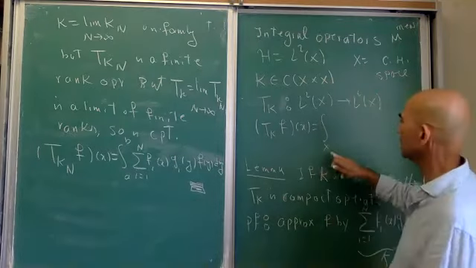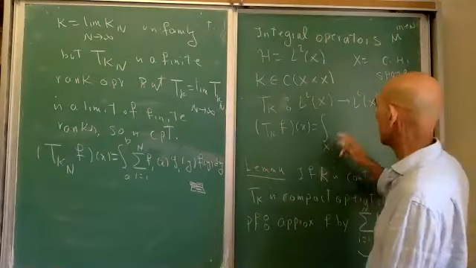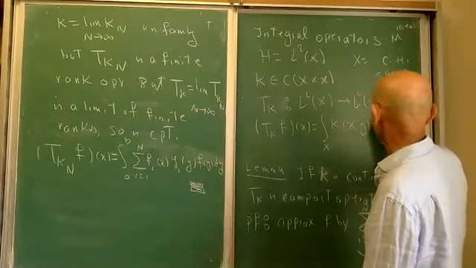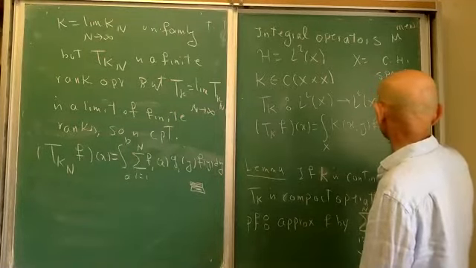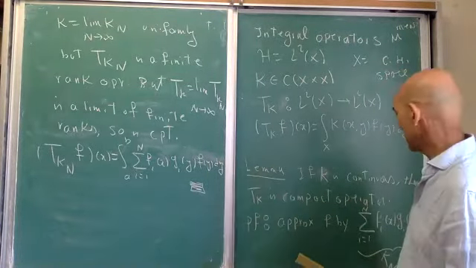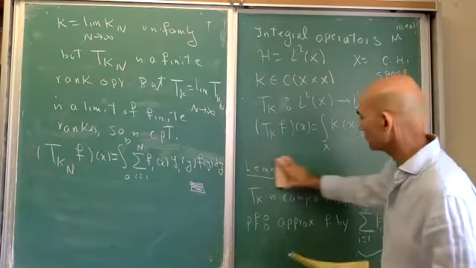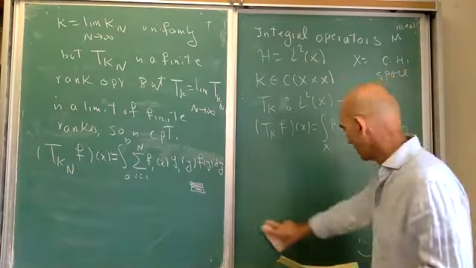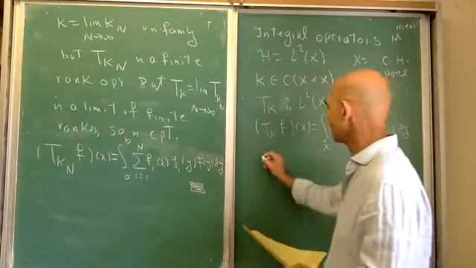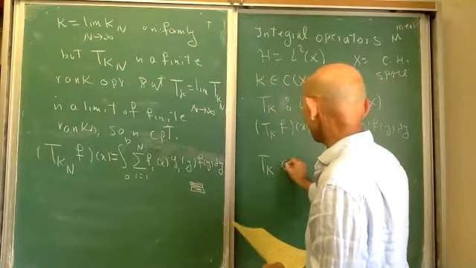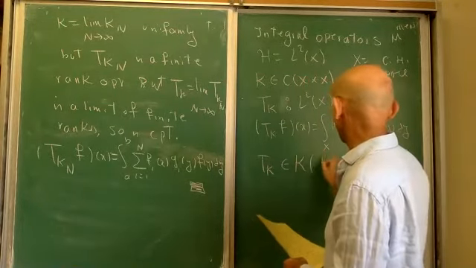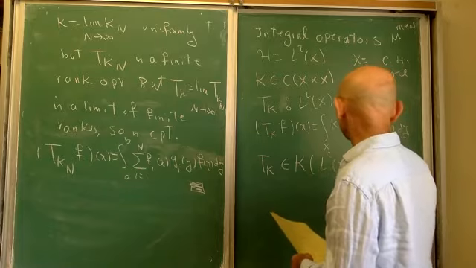But this time we just integrate over the whole space X, K of x and y, f of y, dy, right? Everything goes through, and then you have the basic result that this integral operator TK belongs to compact operators on L2 of X and mu.